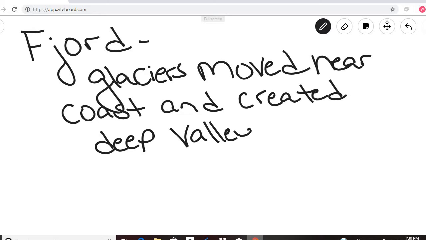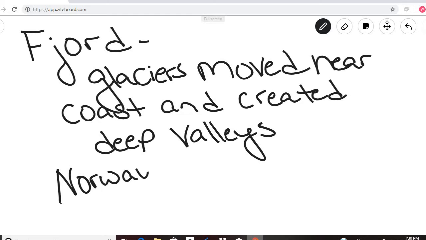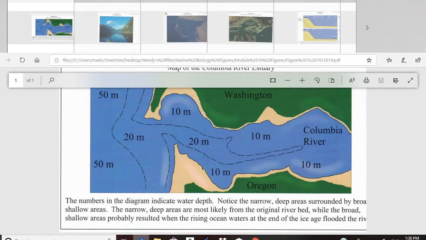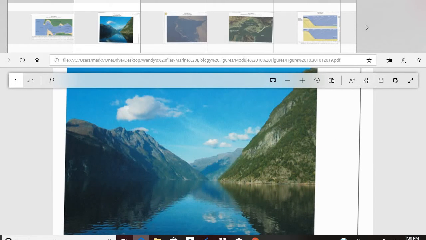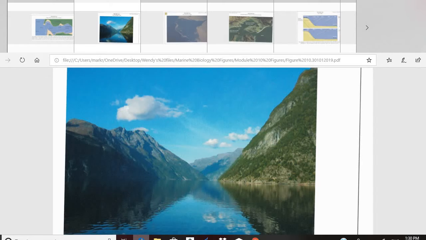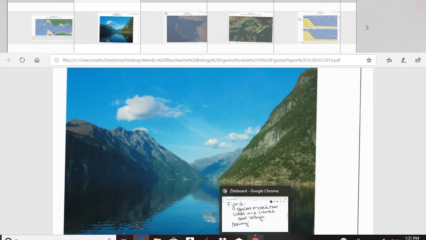And then when the ice melted, those valleys either became filled or partially filled. One place where there are a lot of fjords is in Norway. We'll put a picture of a fjord. Okay, here's a fjord. As glaciers moved near the land, it created these deep valleys, and then as the ice melted, those deep valleys filled with water. Okay, so that is a fjord.